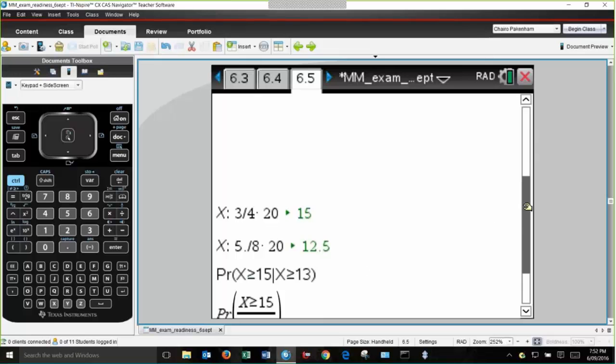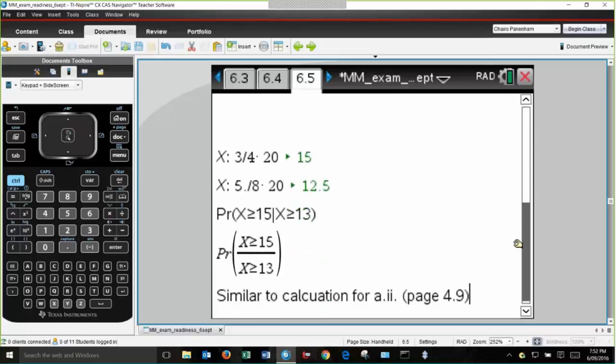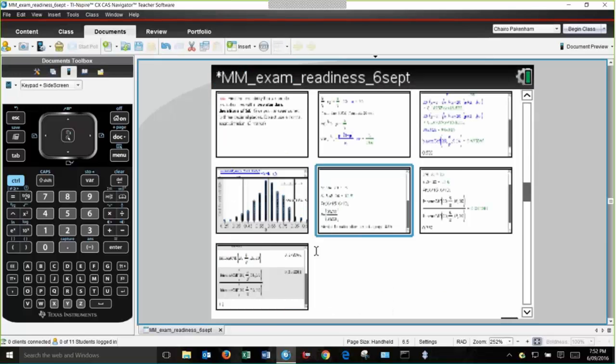Now, I've already done a very similar calculation to this in 4.9, so I was going to use this to illustrate efficient use. If I go back to my previous calculation, I should just be able to copy and paste it. So control up arrow, whoops, let's try that again. Let's go back to where I was.